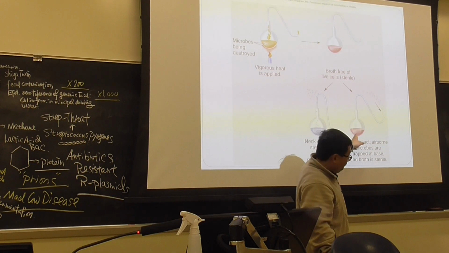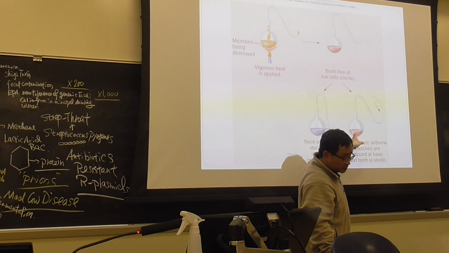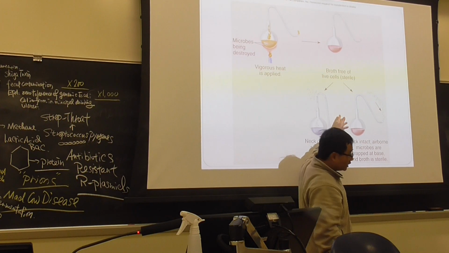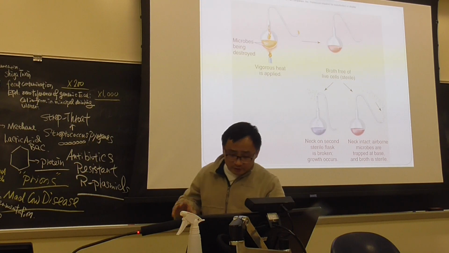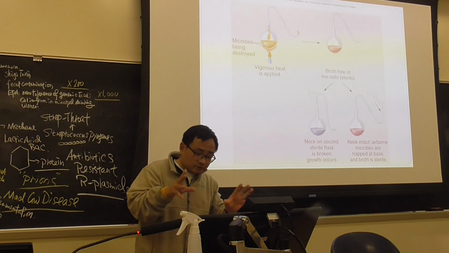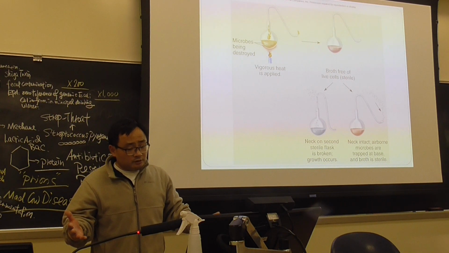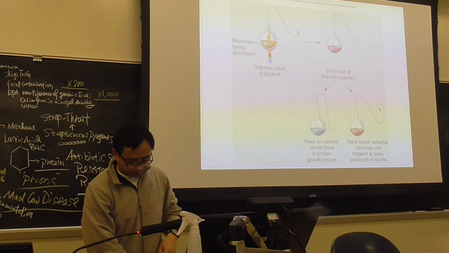Otherwise, this bottle would also become turbid. So the bacteria contaminated the broth because the swan neck is broken and the bacteria come from the air. That's a very magic experimental design to repel spontaneous generation from the microbiology standpoint.